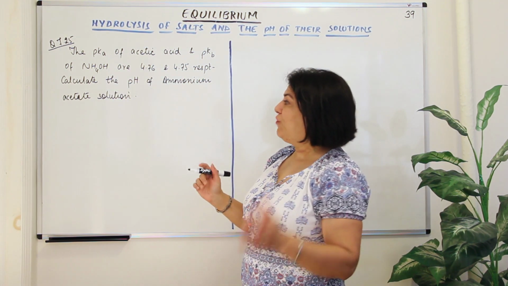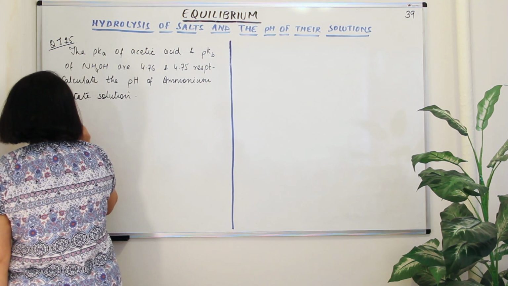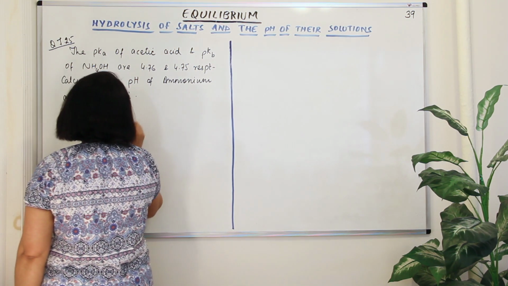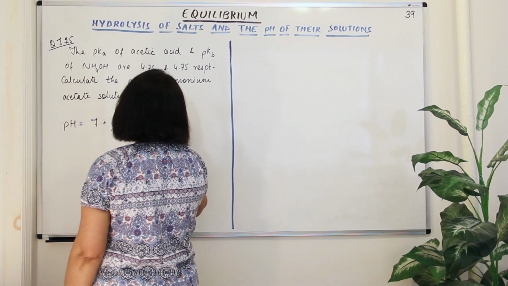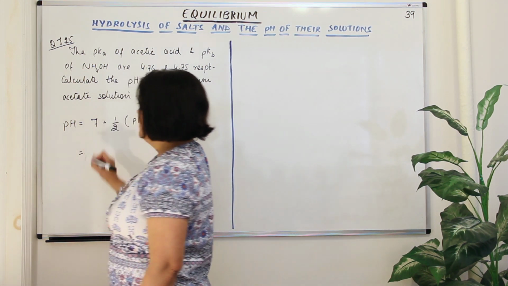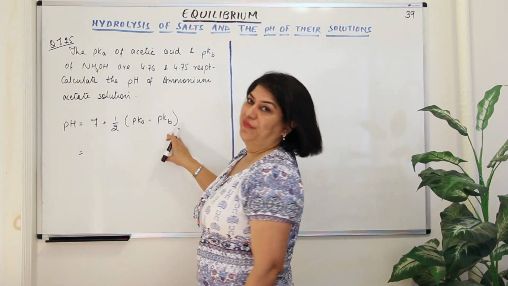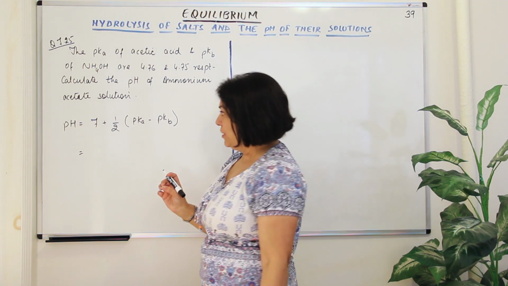So what is the formula for such a solution? The pH of such a solution would be equal to 7 plus half of pKa minus pKb, right? So 7 is the pH of neutral water plus half of the difference between the pKa and the pKb values of the weak acid and the weak base.